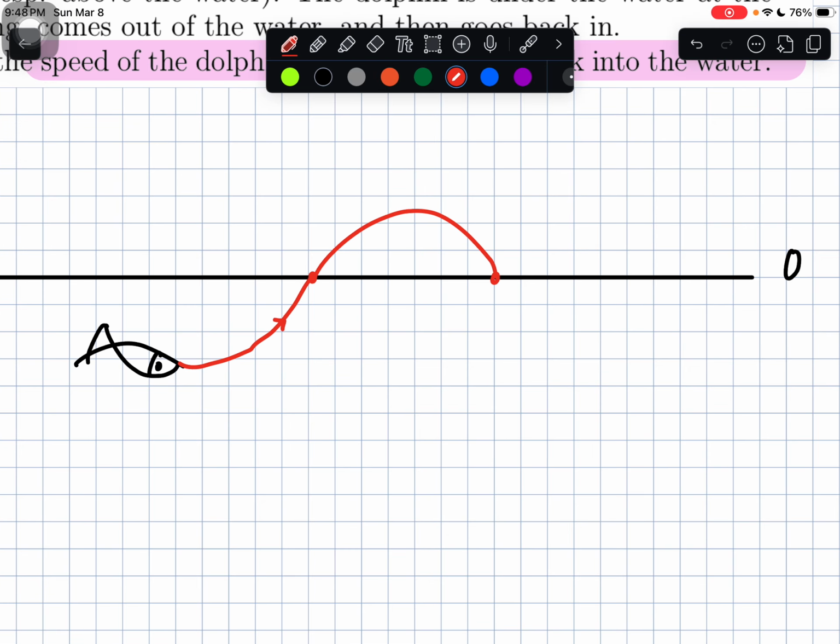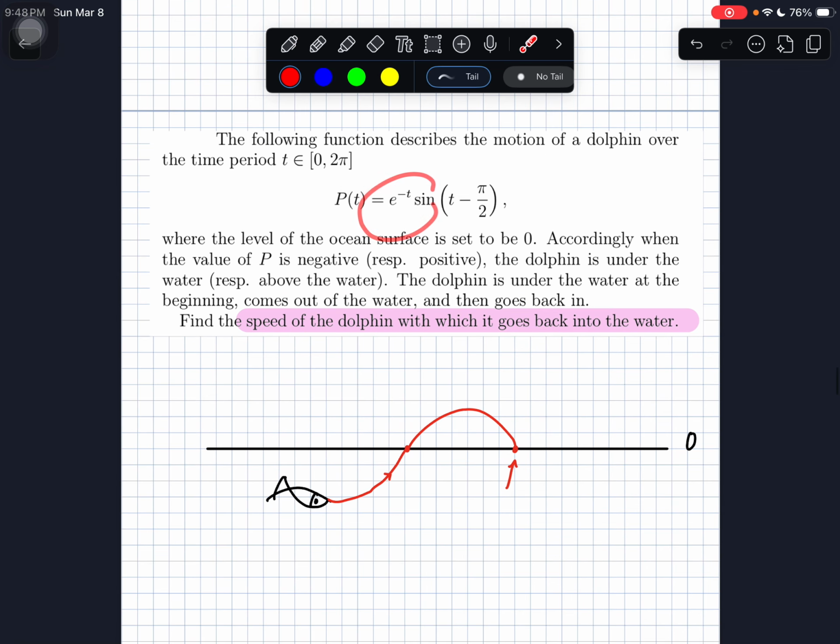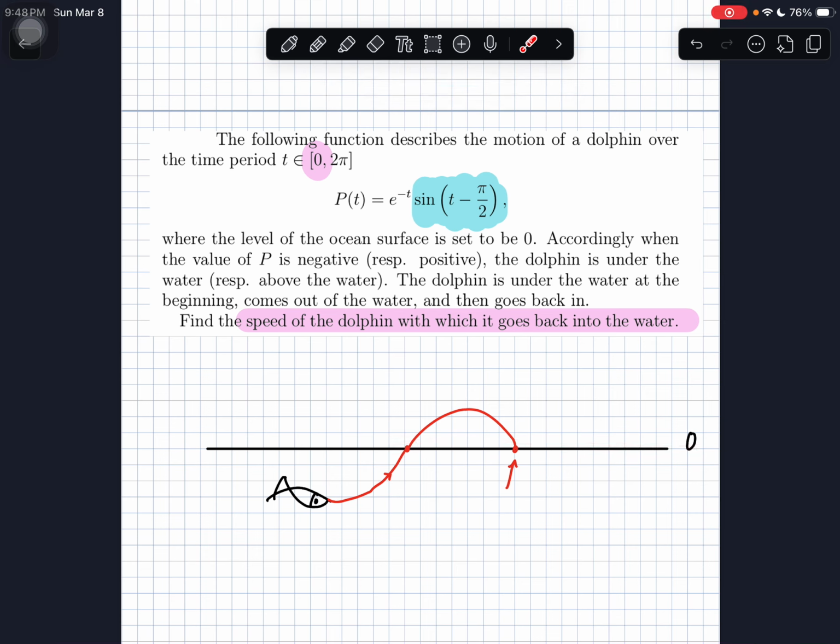So we look at this moment. At the beginning the time is 0. The exponential term is never 0, so it really depends on the sine. Whether this term is 0 or not determines whether it can go to the surface level. So at t equals 0, this is sine of minus pi over 2, so minus 1.